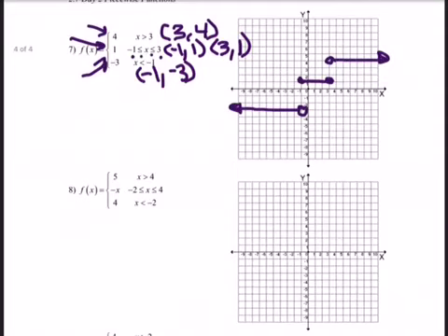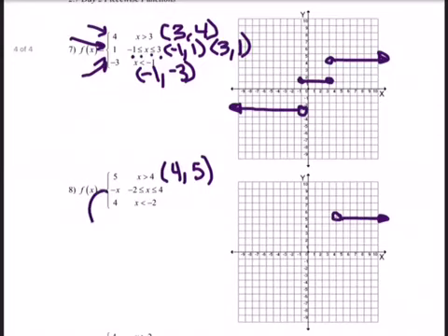Okay, let's up the ante a little bit and make the middle equation a little more cumbersome. If I start on the right side, I'm going to plot the point (4, 5) with an open circle, and all the values bigger than 4 will equal 5, so I've got a horizontal line.